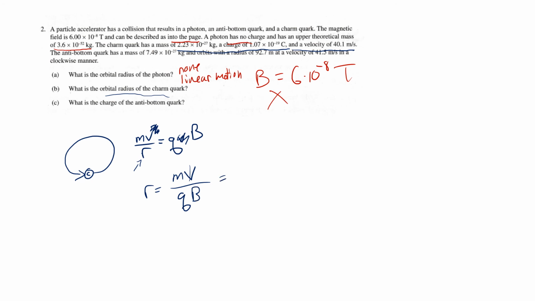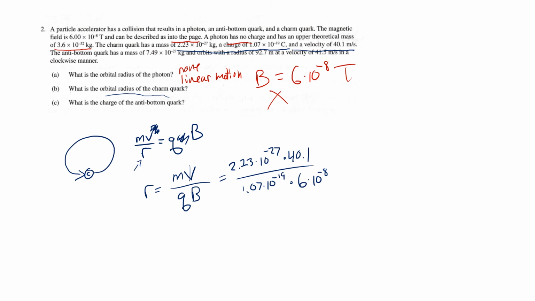Now we just have to plug in these values. So m for charm is 2.23 times 10 to the minus 27, times the velocity, 40.1, divided by q, which is 1.07 times 10 to the minus 19, times B, which is 6 times 10 to the minus 8. Now I just have to type these in.